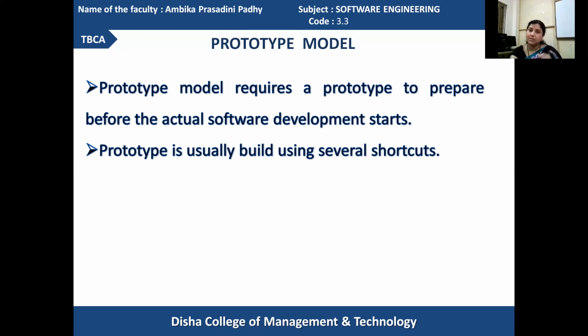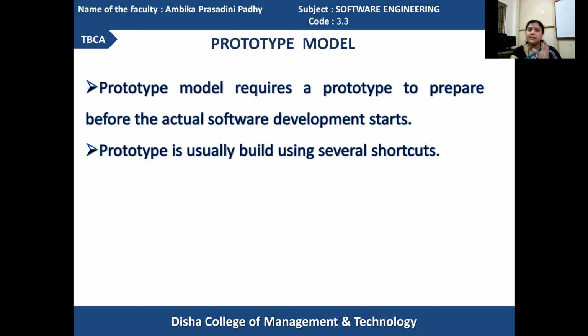This type of problems arises. For already known systems and smaller systems, from previous experiences only, the iterative waterfall can work successfully. And those types of problems can be solved with a new concept, that is the prototype model.